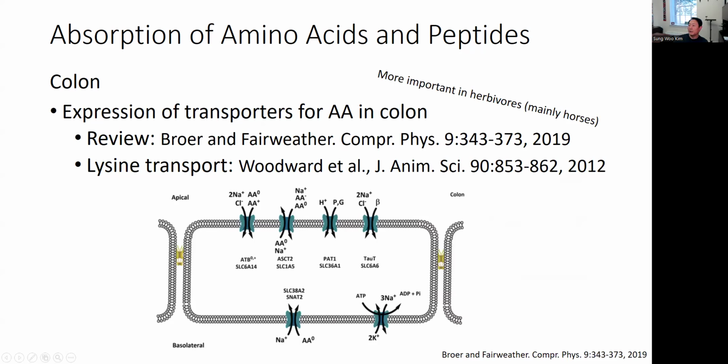Here I uploaded these two papers for you to read in case you're interested. You can see that amino acid transporters are expressed in the colon epithelial cells, in the case of this review paper or this research paper.